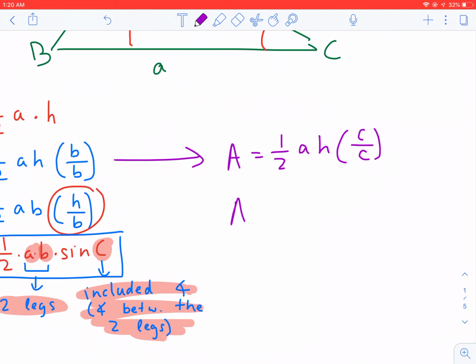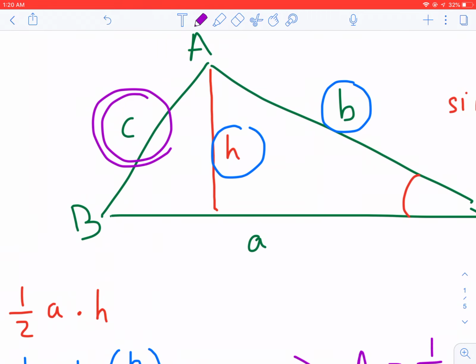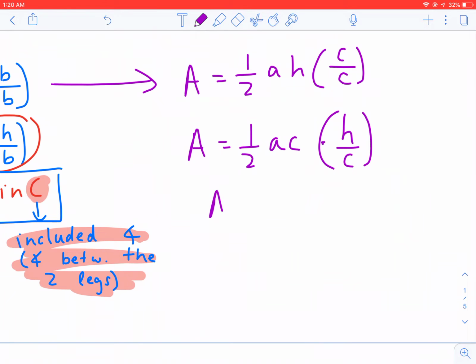Rearranging, A is 1/2 AC times H over C. So let's figure out what this ratio H over C is equal to. H over C, that is, if I'm using angle B, opposite over hypotenuse, that's going to be sine of B. So we also could have said A equals 1/2 A times C times sine of B.